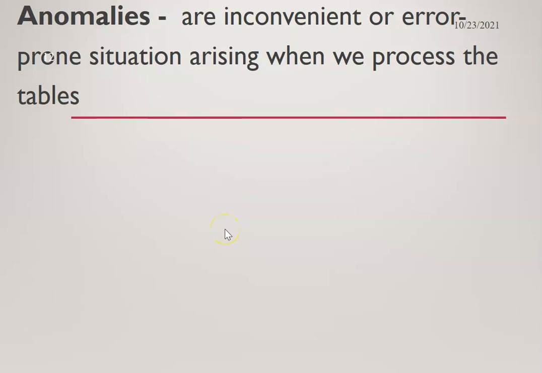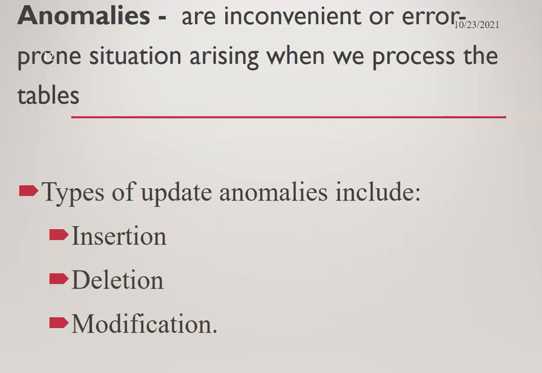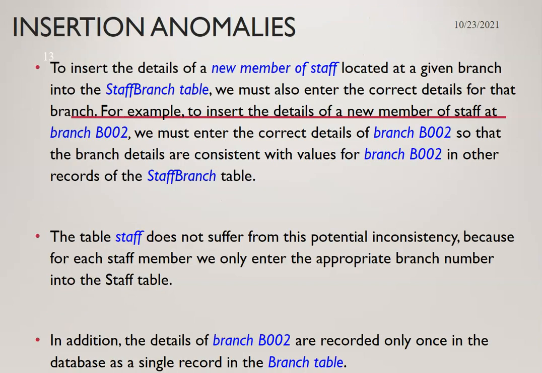An anomaly is a situation where, at the moment of either inputting, deleting or updating data, you're going to have issues when processing those tables. And those issues are usually caused by redundancy of the data. So those are the three types of anomalies.